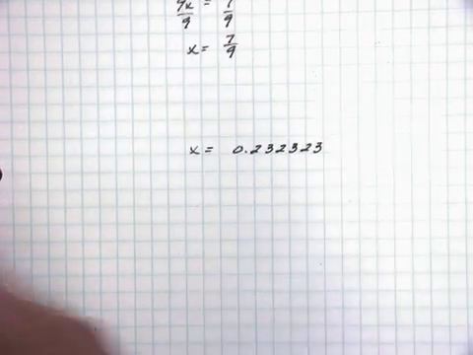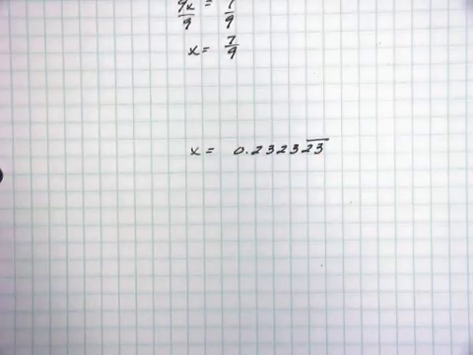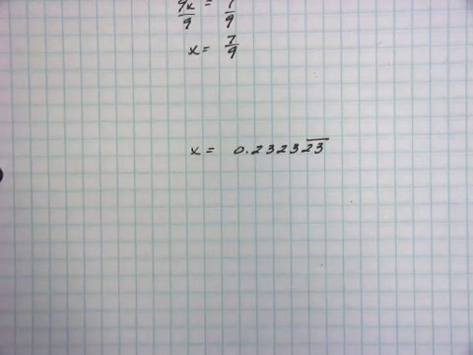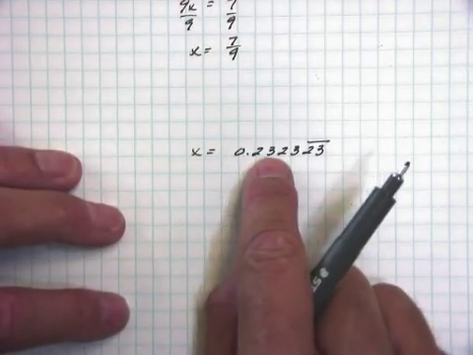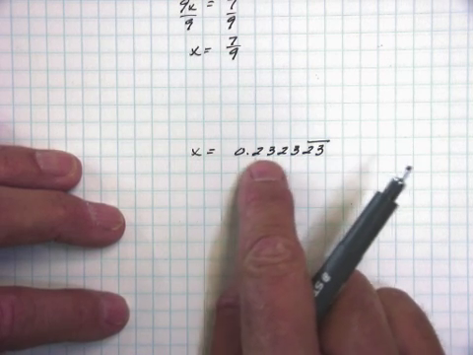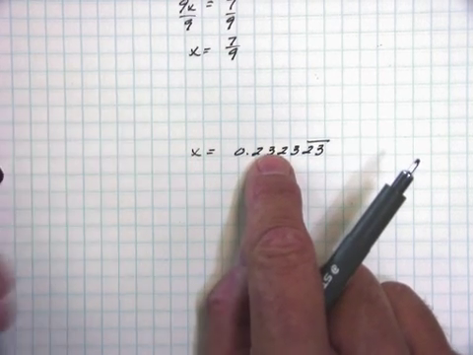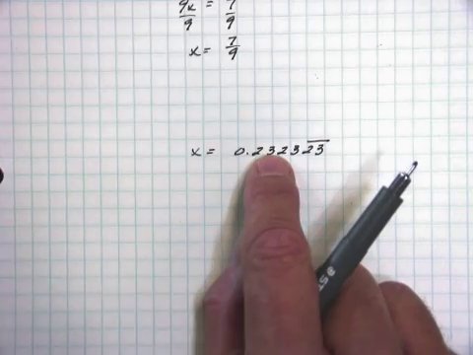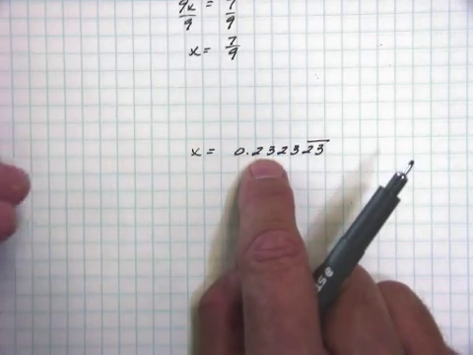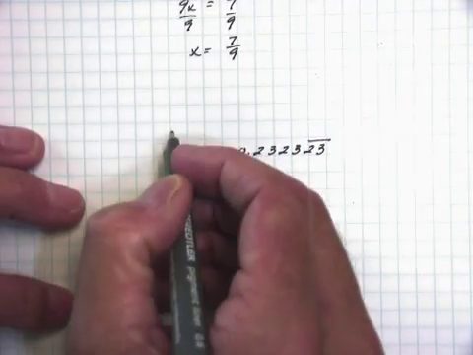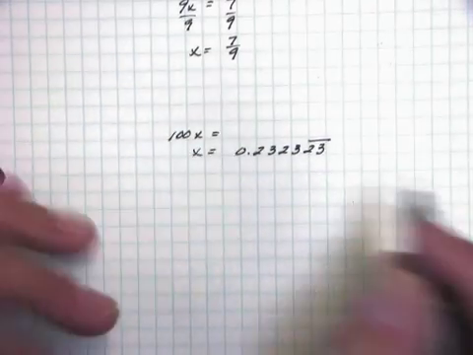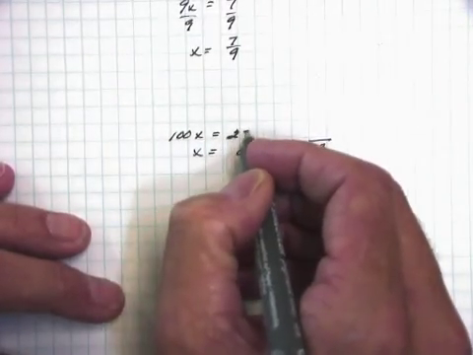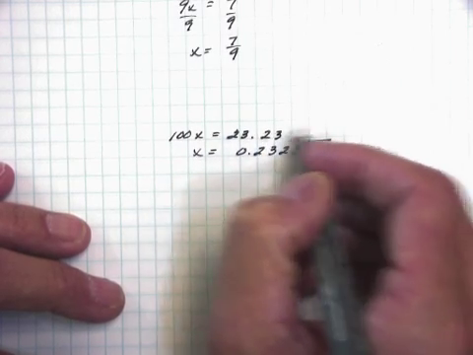Okay, but let's take a look at another example. Let's say instead this time it's not the same number repeating. Let's say that x equals 0.232323. So what's repeating every time are the 2, 3. Now this time what I want to do is move the decimal over 2 places because I want to get it to where you start to see that decimal repeat itself.